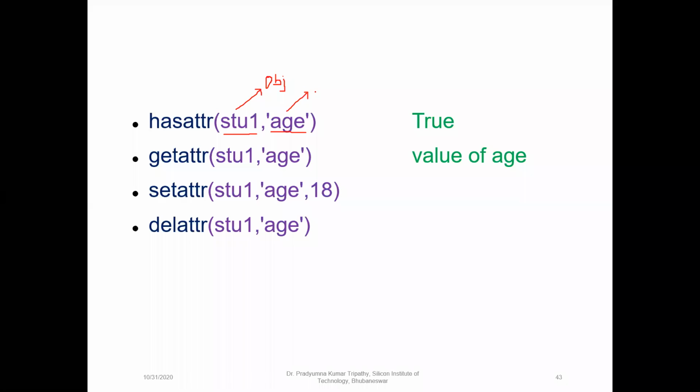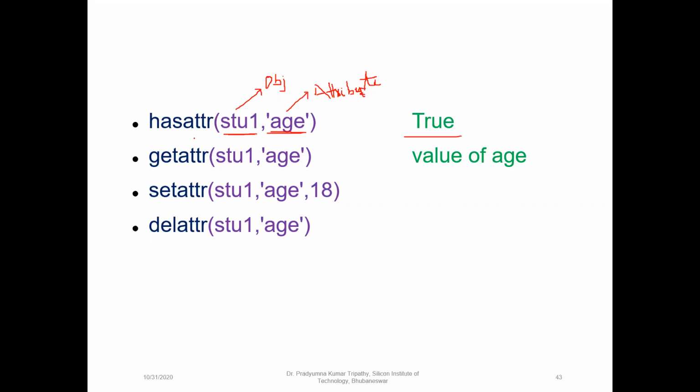This is the object and this is the attribute. So this returns what? If age is present inside this object, it returns true. If it is not present, it will return false.